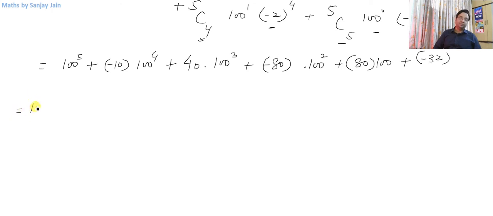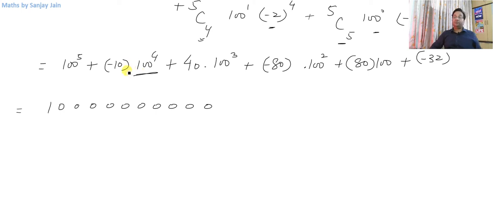100 raised to power 5 will have 1, 2, 3, 4, 5, 6, 7, 8, 9, 10 zeros. Let me write it in a bigger font. So 100 raised to power 5, I am writing it here. This is 100 raised to power 4, right?